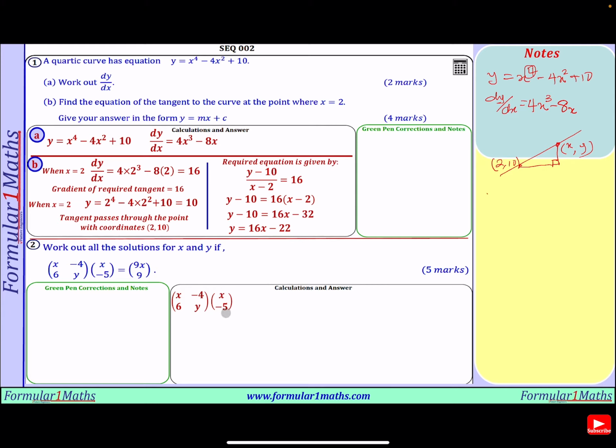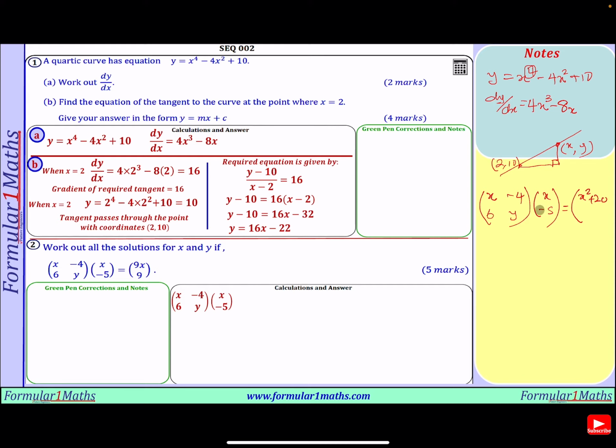Multiplying the top row by x and y, you're going to get x times x is x squared, then minus 4 times minus 5 is plus 20.